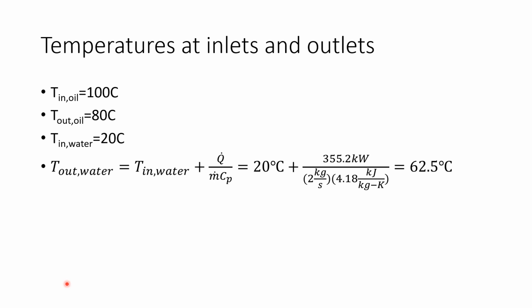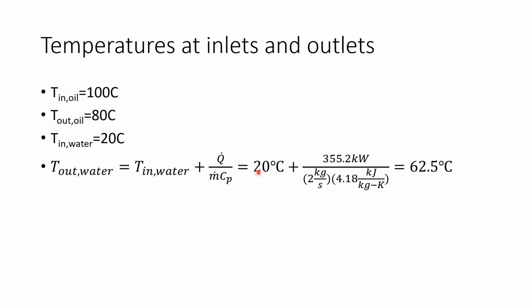And then finally we are able to find the temperatures at all the inlets and outlets. The T in and out for the oil were given in the problem statement on the first slide, as well as the T in of the water. So we need to calculate the T out of the water. To do that, we take the T in of the water plus Q dot over m dot times Cp of water.